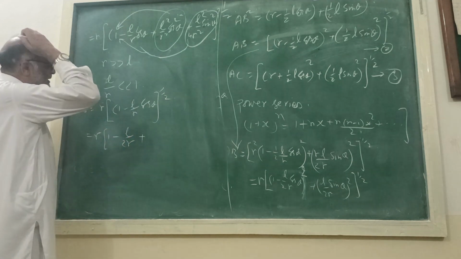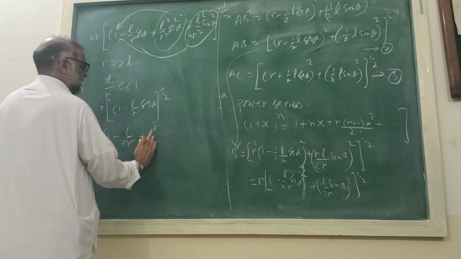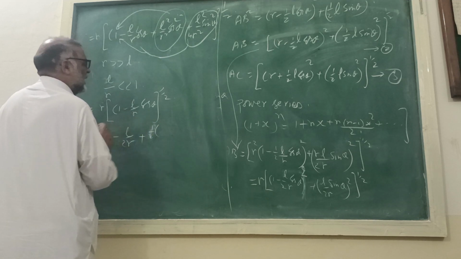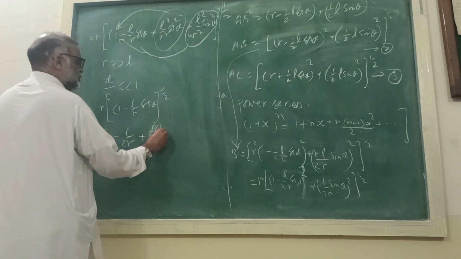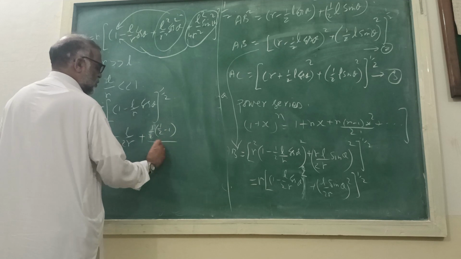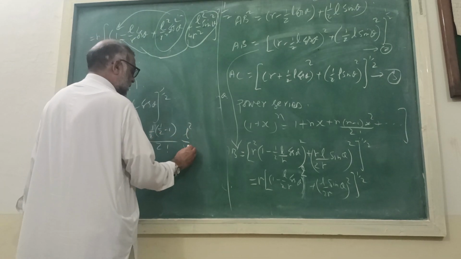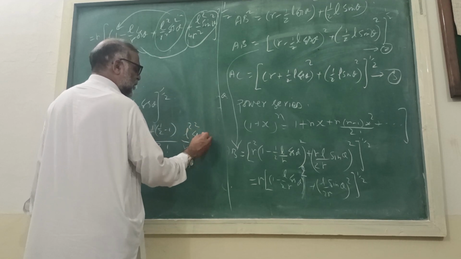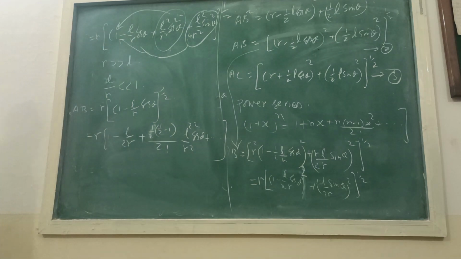And plus L square, n minus 1, 1 over 2 minus 1 over 2 factorial, L square by R square cosine square of theta. सही ना? And plus so on.